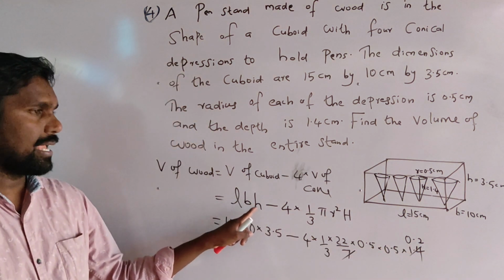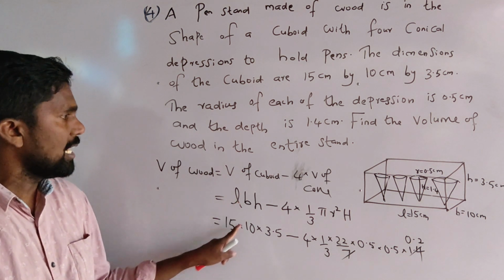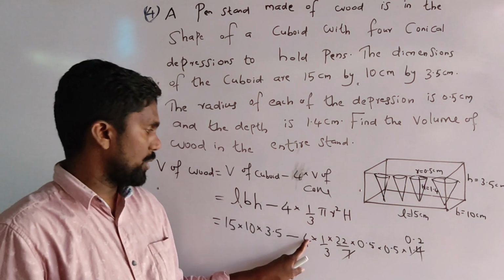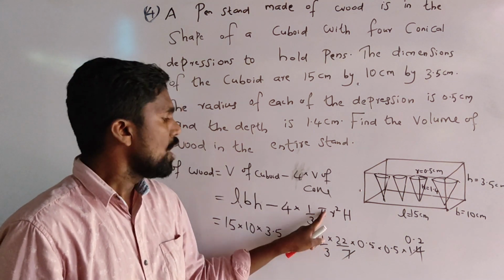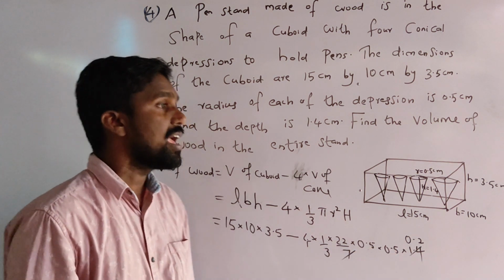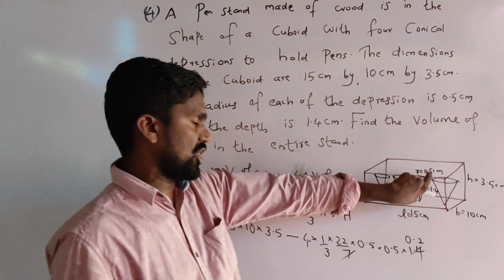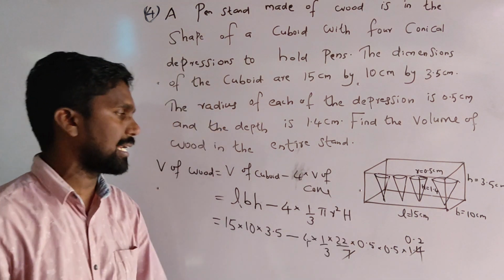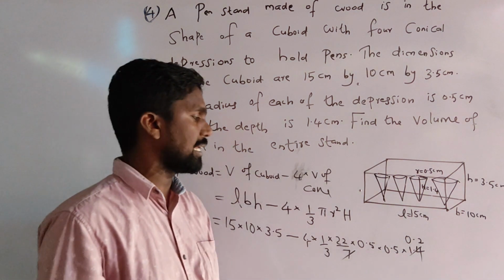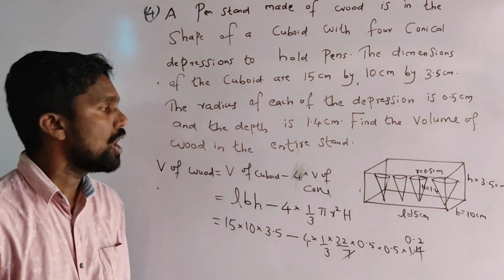So LBH, length 15, breadth 10, height 3.5, 4 into 1 by 3 into 22 by 7 into 0.5 into 0.5, capital letter H. We assumed capital letter H, that is 1.4. That is 1.4 and 7 cancel. That is 0.2 because 7 into 2 is 14.